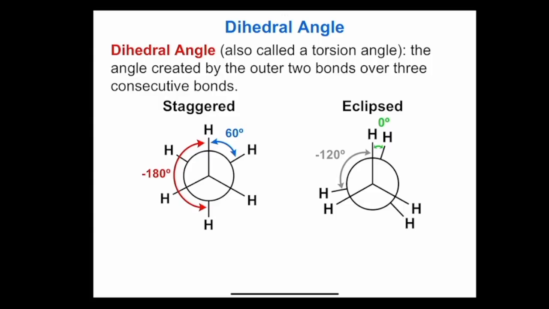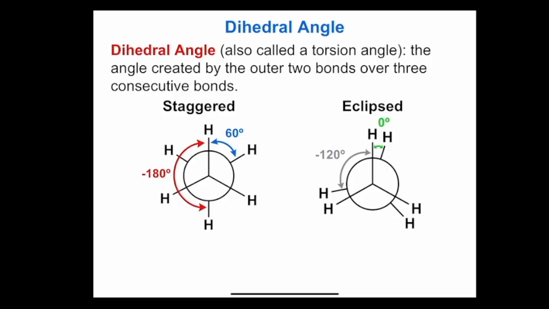This is how we look down the axis of a bond and actually record easily in 2 dimensions what this rotational angle is. We define a dihedral as basically taking 2 planes, carbon, hydrogen on the front, carbon, hydrogen on the back, and the angle that those 2 make with each other.